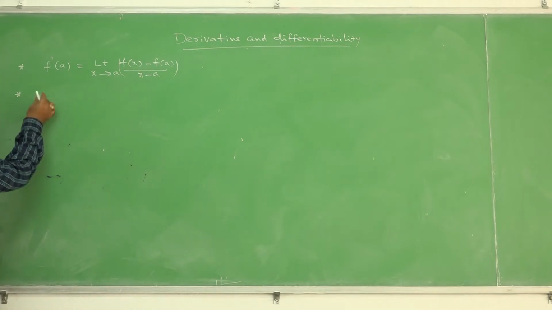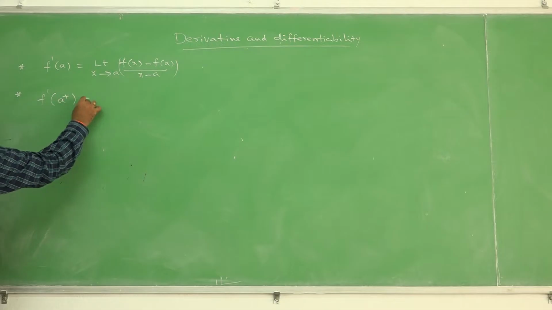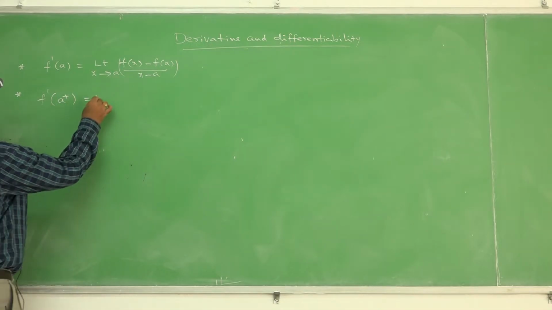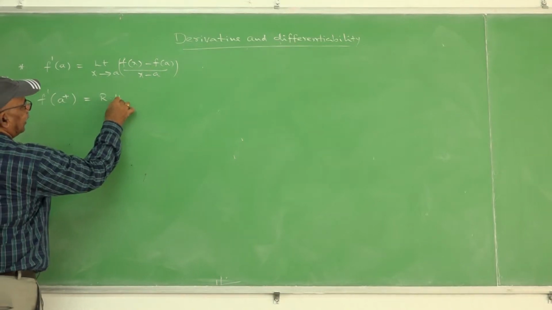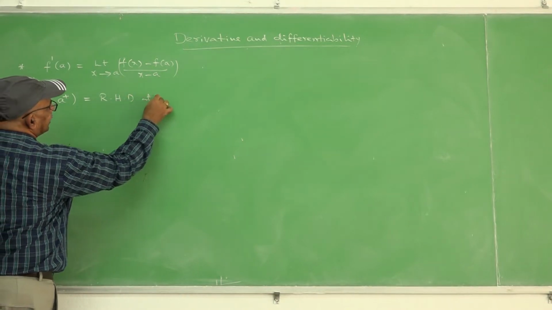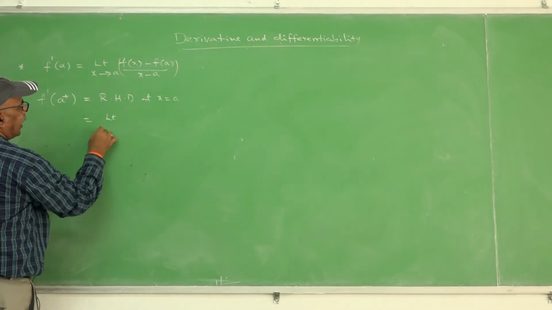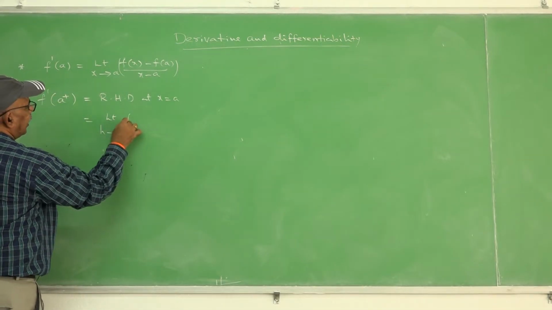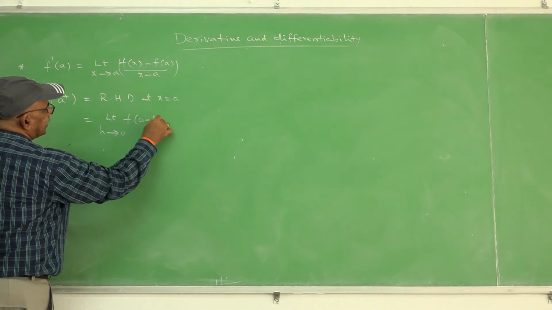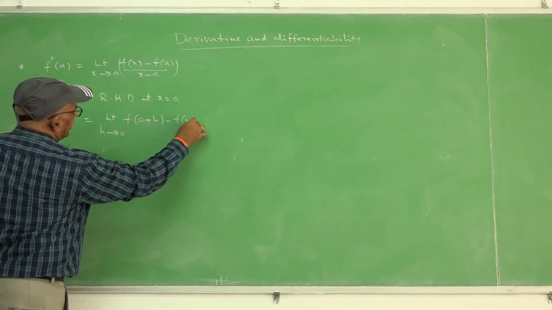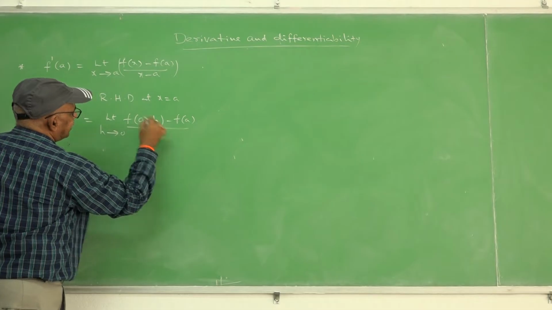So, f dash a plus is called the right hand derivative. Right hand derivative at x equal to a is defined as the limit as h goes to 0, f of a plus h minus f of a by h.